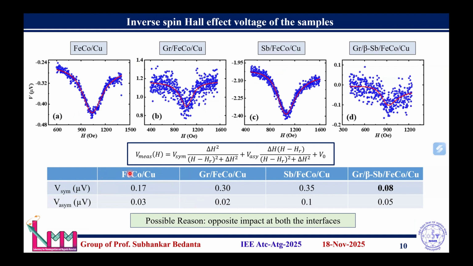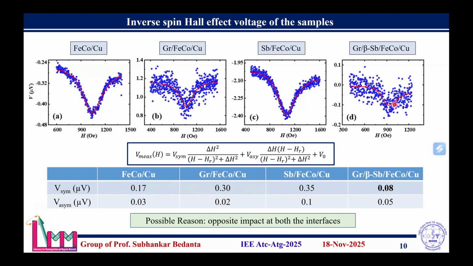So in this table, we have listed the symmetric as well as antisymmetric component of the voltage, and we have observed that for both the graphene and antimony interfaces, the symmetric component of the voltage has increased, which can be attributed to the spin pumping happening at the interface. However, we expected a large signal for sample 4. Unexpectedly, the signal is diminished for the fourth sample. So that thing is still under investigation.